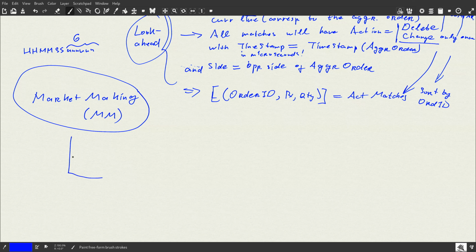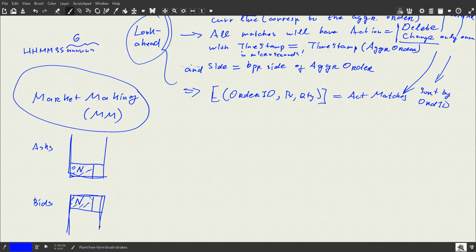So what would a market maker do? A market maker considers the order book, so again, asks and bids, and imagine that a market maker puts a certain symmetric order, for example of size n, on both the best ask and the best bid. These two orders, both for buy and sell, are ours.